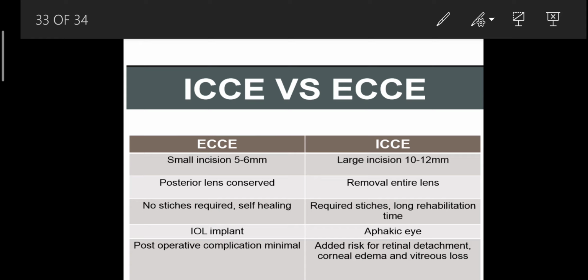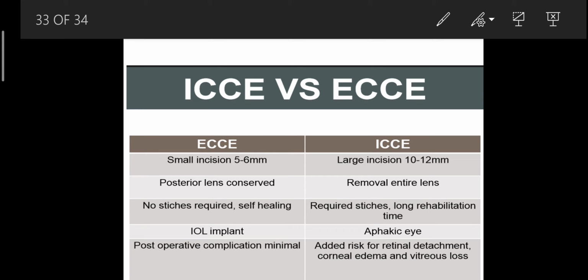In conventional ECCE it is more, but just to remember, in ECCE the posterior lens capsule is preserved, whereas in ICCE the entire lens is removed. In small incision surgery, no stitches are required. It's a self-healing incision. They're mainly speaking about manual small incision surgery and phaco, not the conventional ECCE. No stitches are required. It is self-healing.